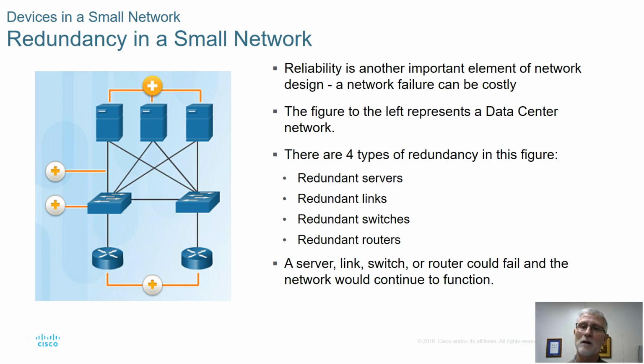So you need to look at those different aspects. In this figure, you see different servers, redundant links, redundant switches, redundant routers. All of this boils down to what's the importance. How much time can I afford to be down and out in this business if I lose a device?